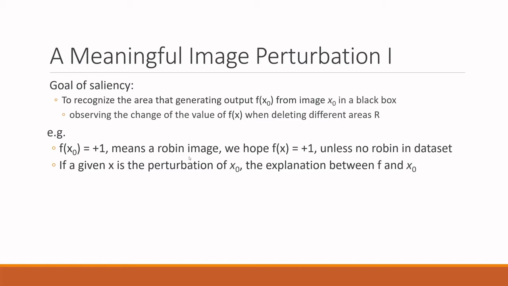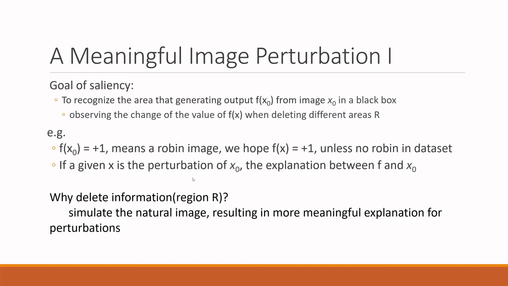We hope that f of x also equals positive 1 if the given image is a perturbation of x0, and we hope this explanation can explain the relation between f and x0. The reason for deleting information is to simulate the natural image, resulting in a more meaningful explanation for perturbations.